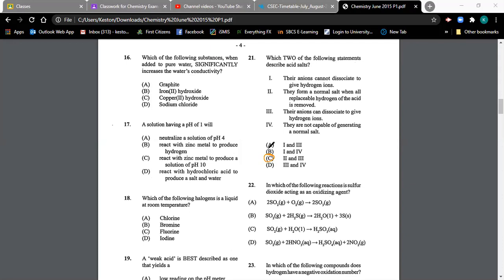Meantime, 22: in which of the following reactions is sulfur dioxide acting as an oxidizing agent?